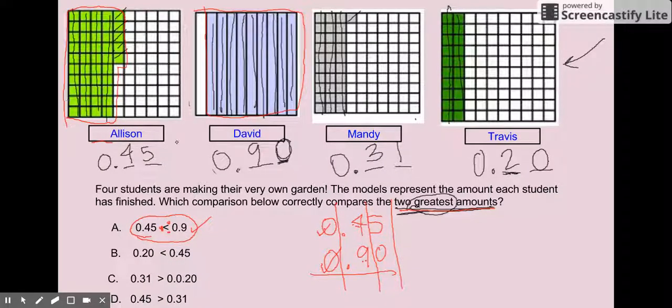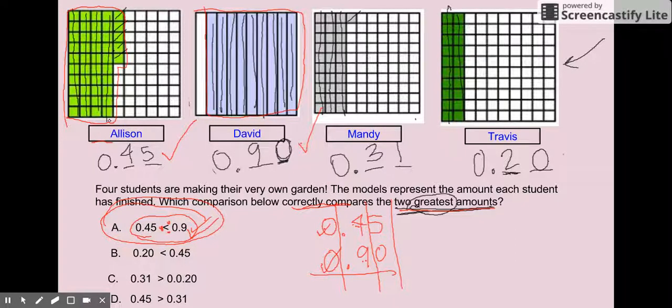I see 45, 90, then I see 31 hundredths and 20 hundredths. Are 45 and 90 the biggest numbers? They are. And is 45 hundredths less than 90 hundredths? It is. So we can know that A is the correct answer because it was looking for the two greatest amounts, but has to be correctly compared.